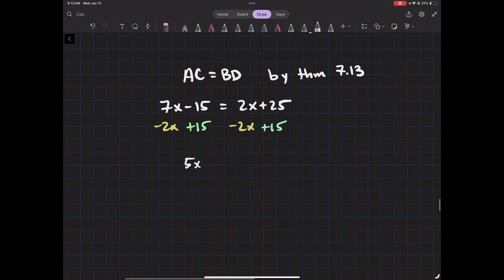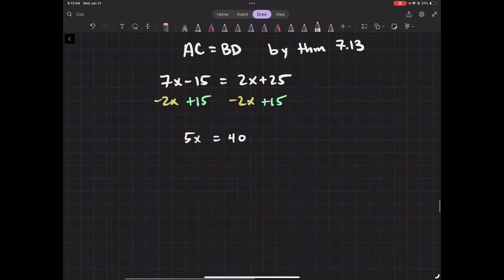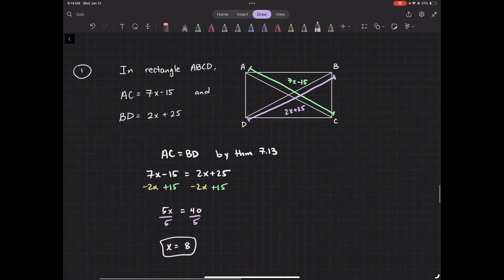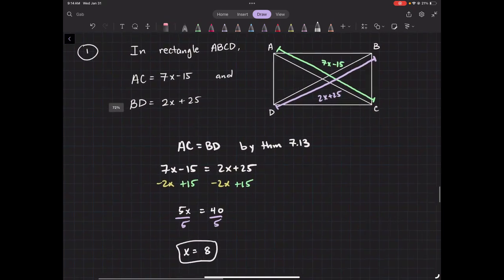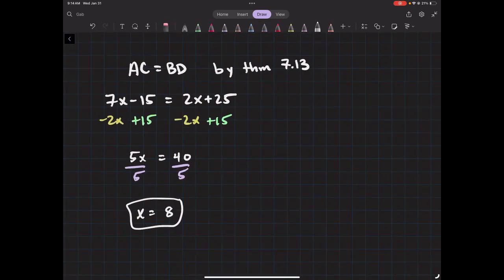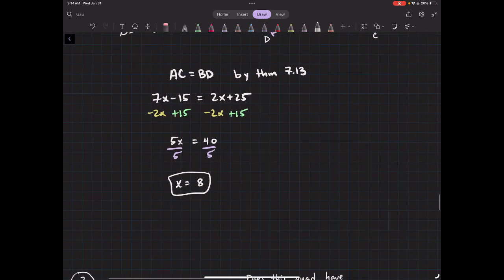You'll have 5x is equal to 40. Then divide by 5 and get x is equal to 8. We found x, but if they ask you for whatever AC and BD are, you know by now that you can just plug in x and find the value.